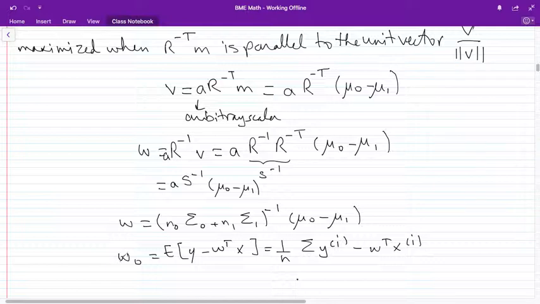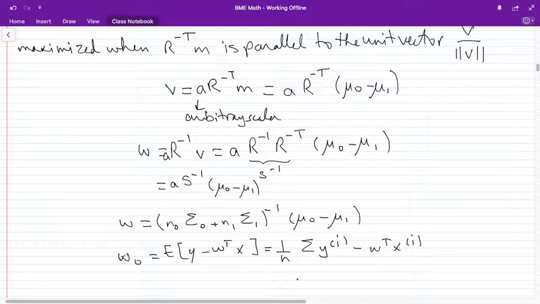This is called the Fisher discriminant analysis. It uses regression to optimize a cost that is defined as the projected distance between your data when it's projected onto some coordinate system, with the goal of finding the coordinate system that maximizes the distance.